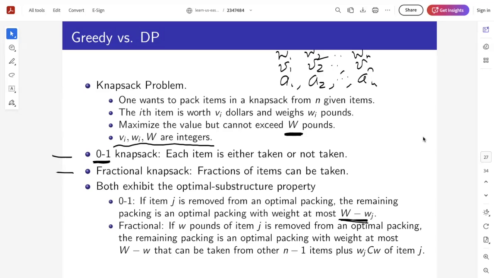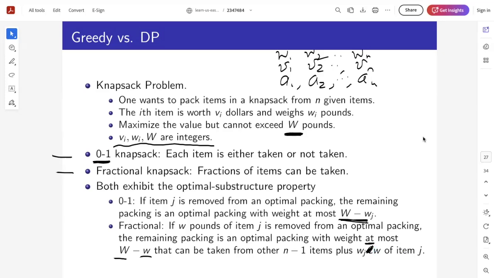In the fractional knapsack, if small w pounds of item J is removed from an optimal packing, the remaining packing is an optimal packing with weight at most capital W minus small w that can be taken from the other n minus 1 items plus Wj minus small w.